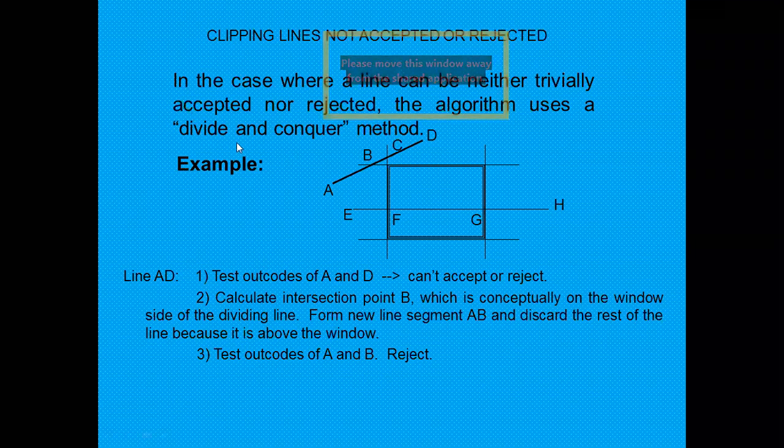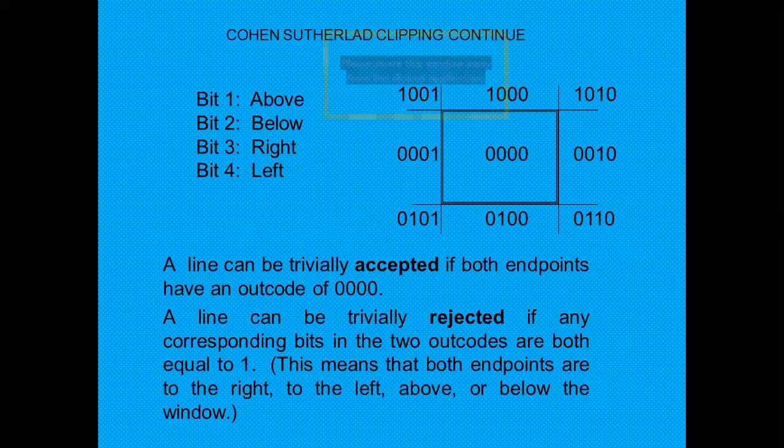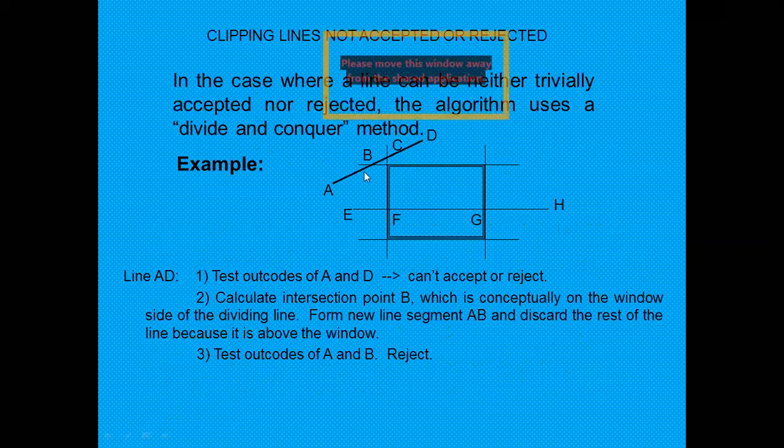Here, AD is the line segment which is lying outside the window, not touching the window, so it lies completely outside.